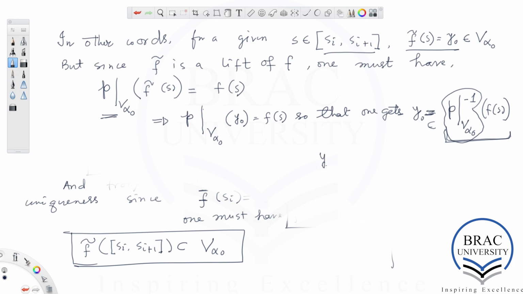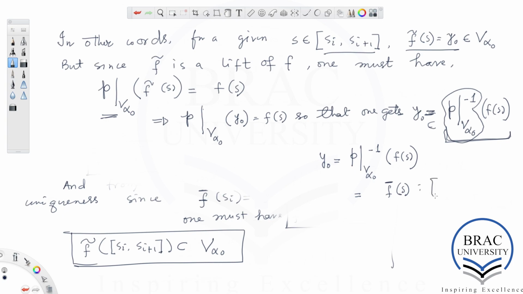So we have just seen that y0 is equal to the inverse of p restricted to V sub alpha 0 applied to F of s, and this is nothing but F bar of s, according to the definition we had for F bar.